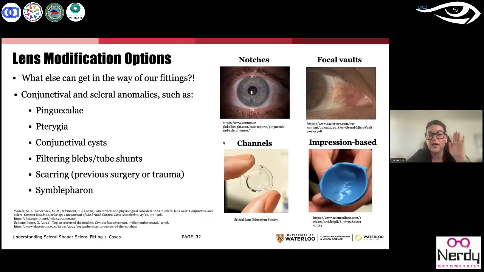Lenses can get notches now, kind of micro vaults or focal vaults over an anatomical obstacle. Things like channels can do the same thing. And there's also an example of an impression-based lens there.